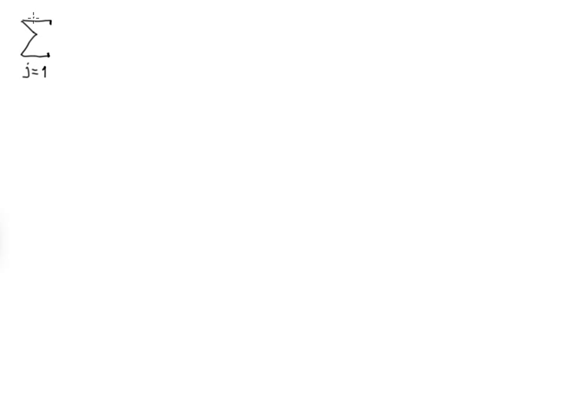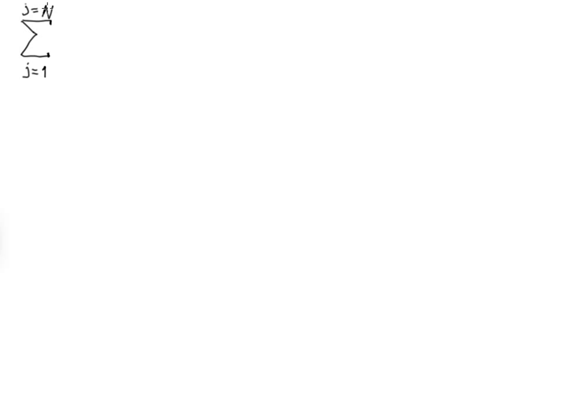This is the starting value of the index, and at the top of the sigma sign you will put the final value, j equal to, let's say, capital N. So this is the last observation in the array of numbers that we are summing up.